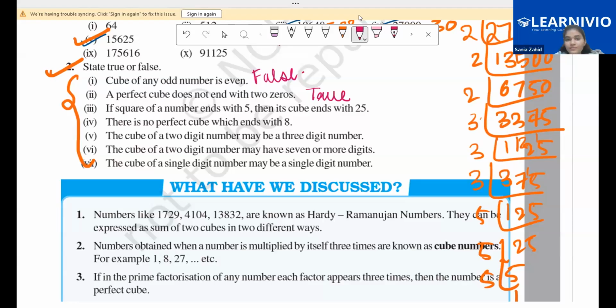Tell me. Ma'am, because 5 into 5 is 25, and also 25 into 25 is 625. Okay. But see, Harmeen, what is the question? First, you understand the question, children. It is given that if the square of a number ends with 5, then its cube will end with 25. So let's check first.